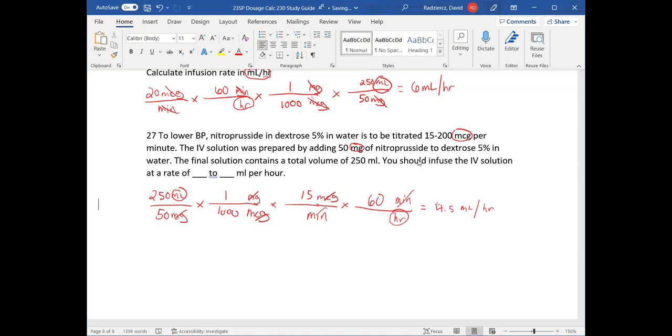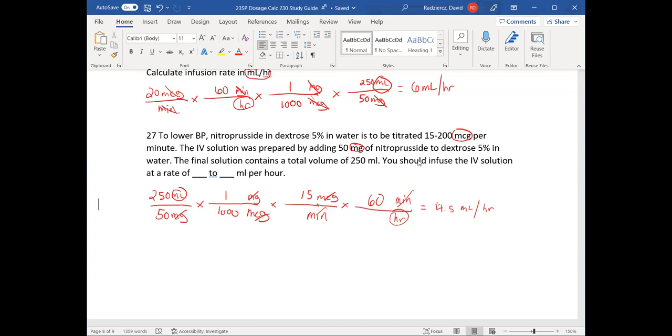Is that how you set yours up? Yeah, I usually write out everything the dimensional analysis way. Perfect. One of the benefits of doing that, especially if you end up missing a question on one of these drug math tests, is that it's helpful for somebody who's looking it over with you to say, oh, okay, this is where you missed.